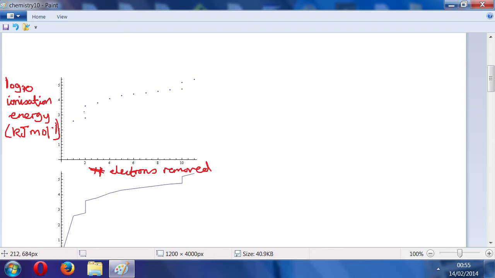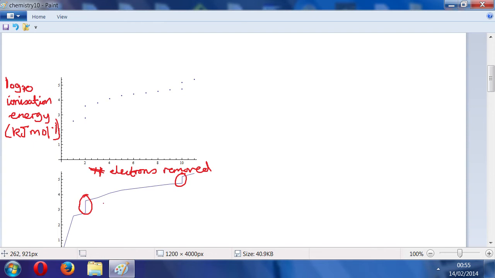So you can see anyway, the whole point of this was to show that look at this area here and this area here. If we look at the number of electrons removed, it's kind of convenient, it's right underneath. There's the 10, there's the 2, 8, the 8 in the outer shell. We can see this big increase in energy, and this is for sodium.